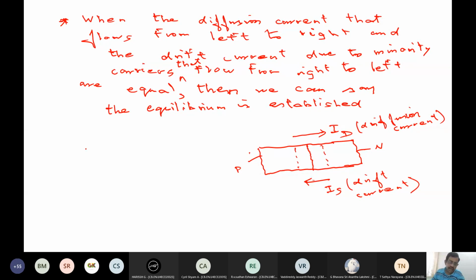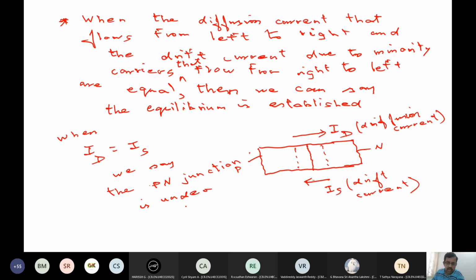So when ID equals IS, we say the PN junction is under equilibrium.